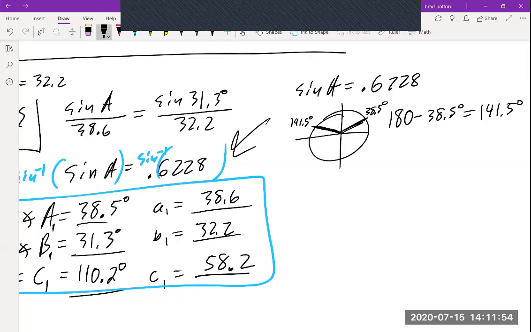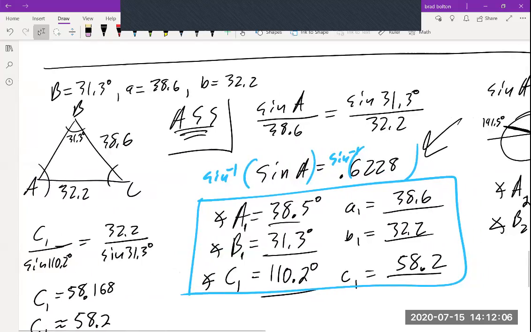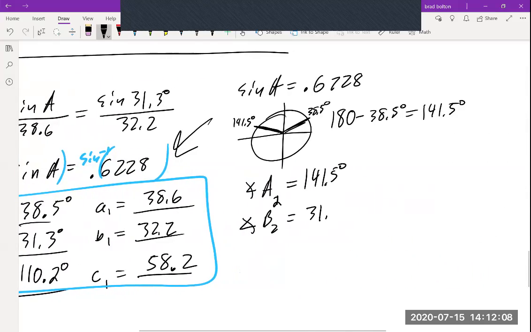So we have to see if there's room for a second triangle. Angle A sub 2 would be 141.5 degrees. B sub 2, we already know B is given, B is 31.3. So we have to see if there's room for an angle C. You do 180 minus 141.5 minus 31.3.